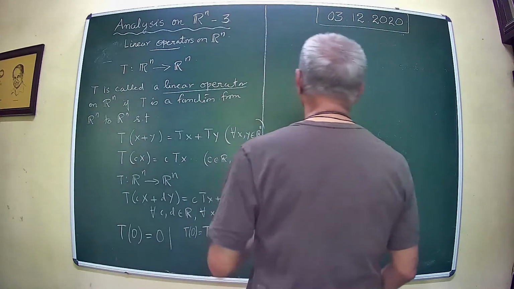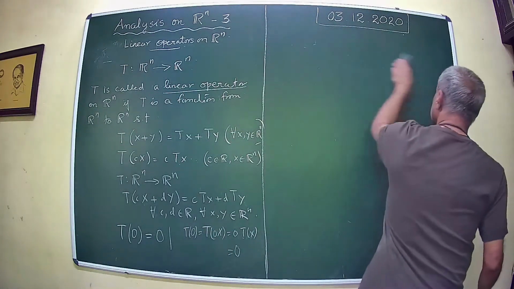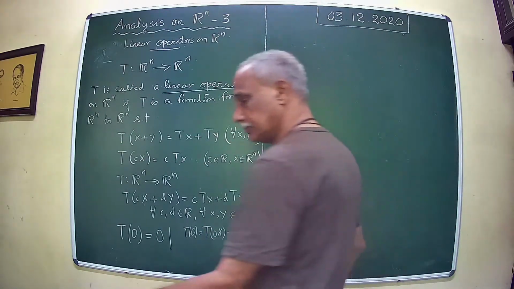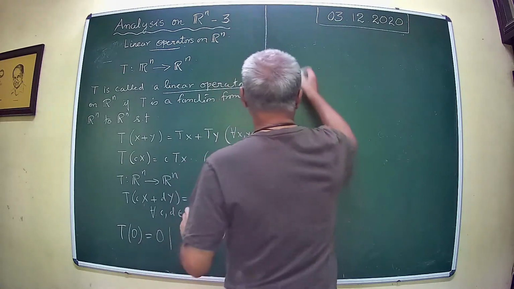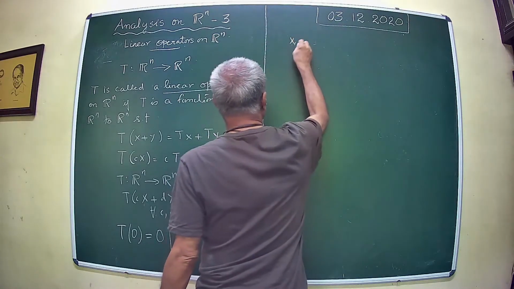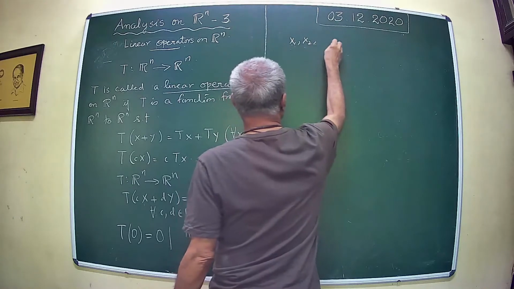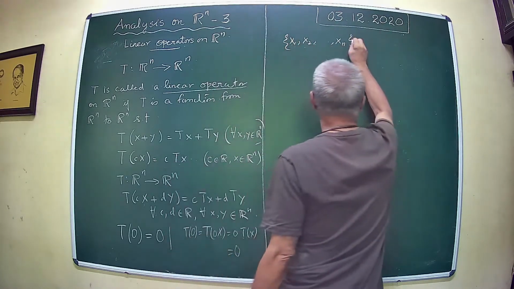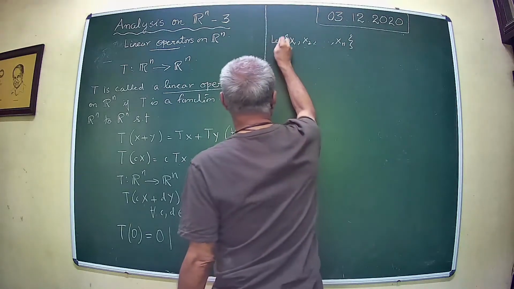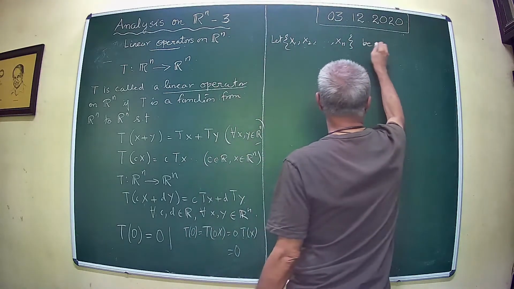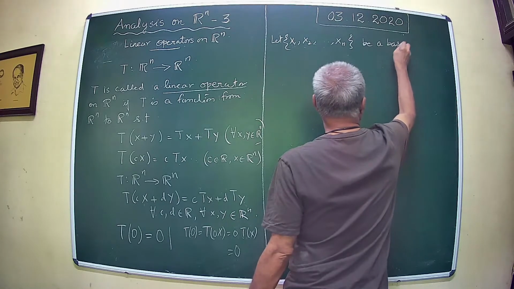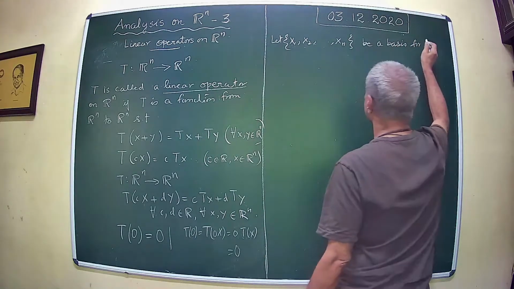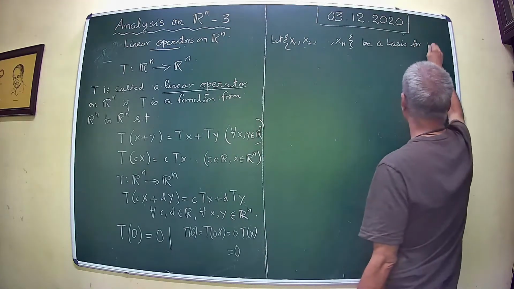Another inference that you can immediately make is this. Suppose x1, x2, up to xn be a basis for Rn.